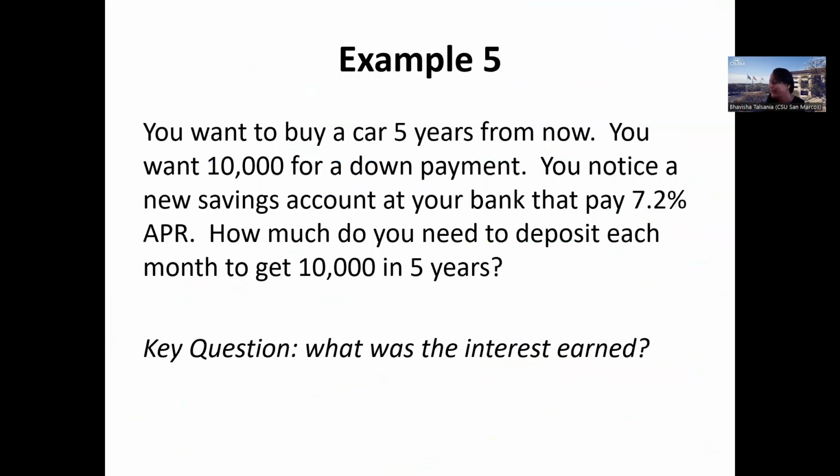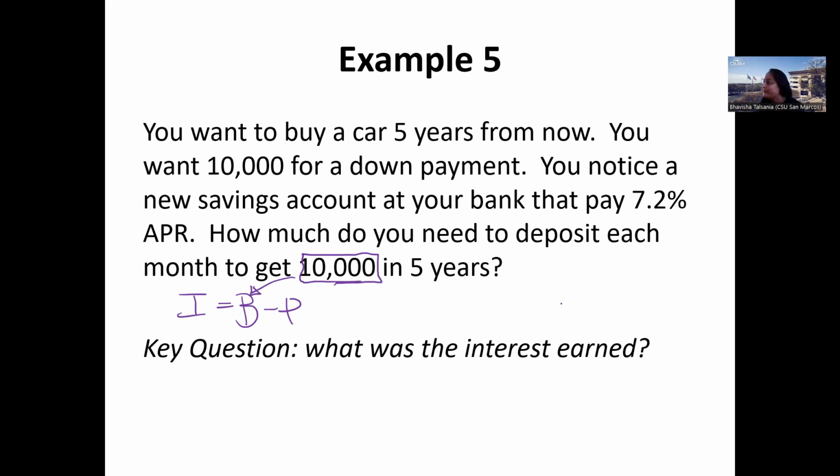So, okay. So a key question then is, what is the interest earned then? Remember, we have our, go ahead and do purple. We have our interest is going to be our balance minus principal. Well, our balance is, in 5 years, we want $10,000.